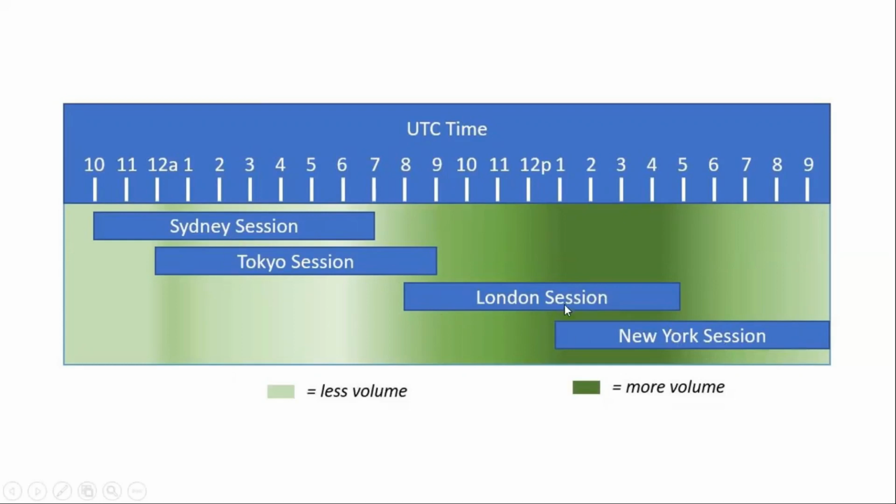We have London over here, New York, Sydney, and Tokyo. As you can see, the forex market follows the rising of the sun. This is Universal Standard Time, UTC, formerly called GMT, which is pretty much London time. The market opens at 8 a.m. London time.